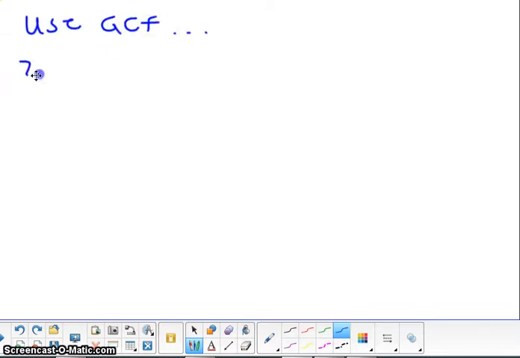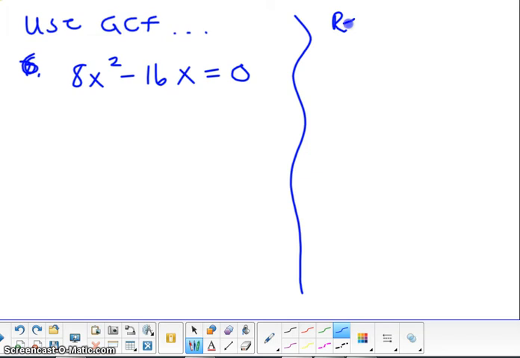All right, so number 6, I believe we are on, and we're starting with 8x squared minus 16x equals 0. So as you recall, anytime you have to factor, you should always look for the GCF first.